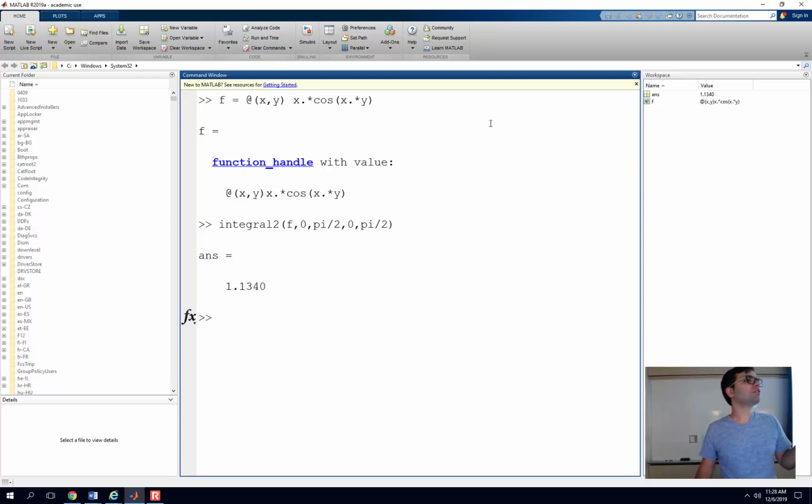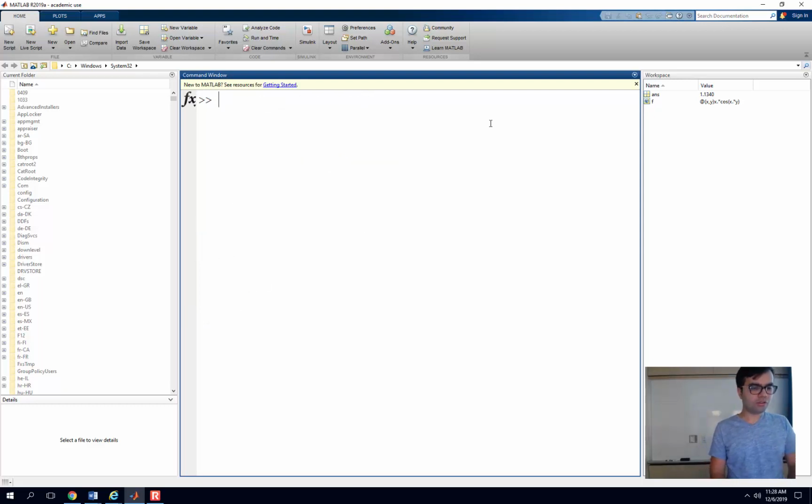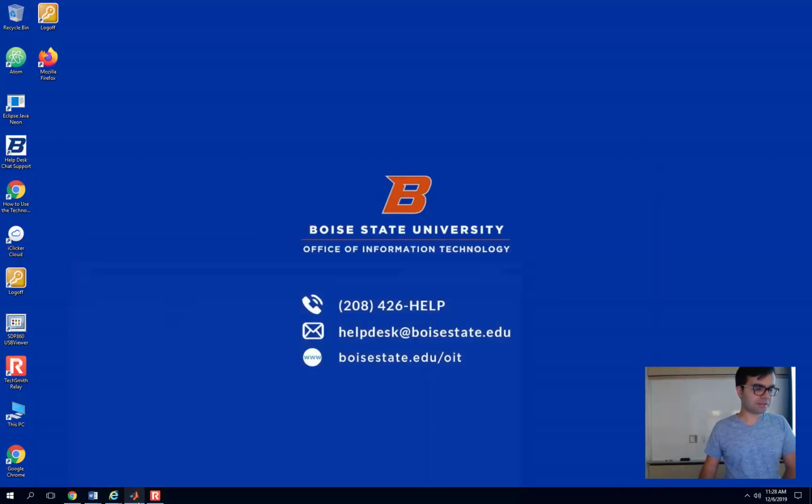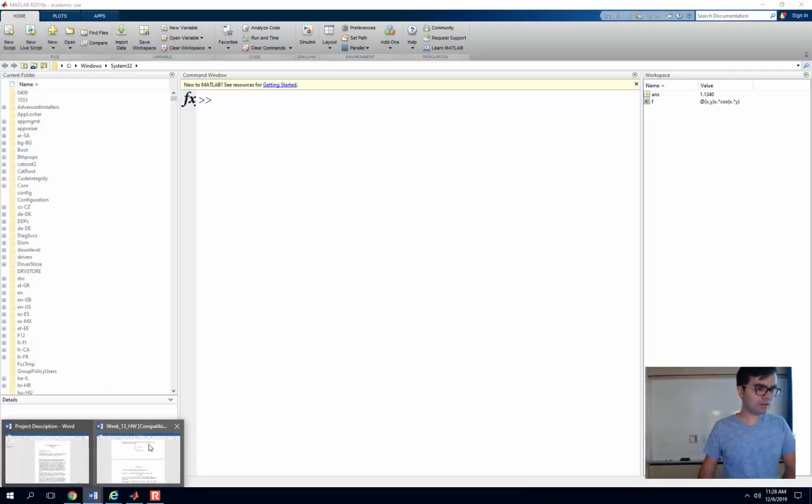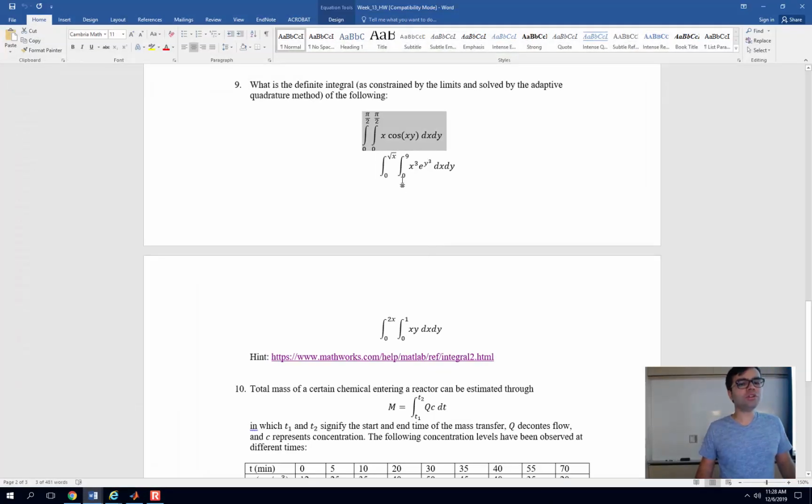Is this clear so far? Let me now go to the other one, which is a little more complex. So it's again this dx dy. Boundary for x is 0 to 9. Boundary for y is 0 to square root of x. Right?